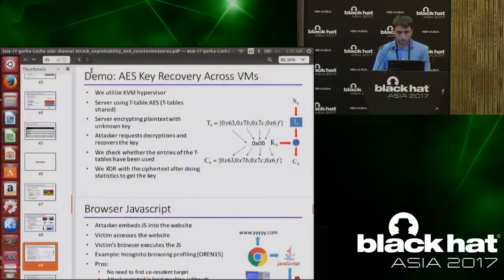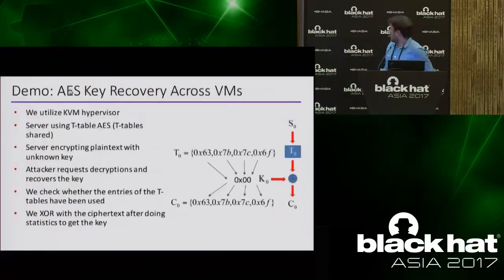What we're doing is what you see in the upper slide. AES utilizes T-tables, or what we call substitution tables, that are key dependent. The entries that you access in the substitution tables depend on the key that you have. That's what we are exploiting. These tables are shared if you are under memory deduplication systems.